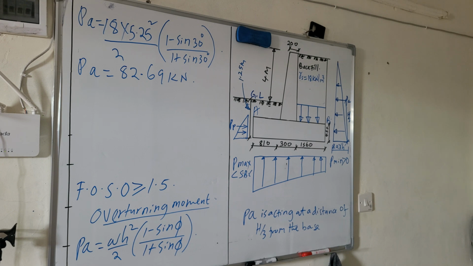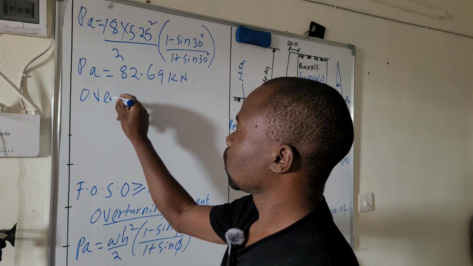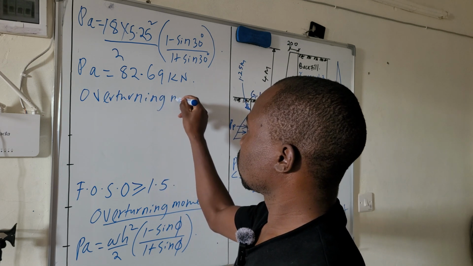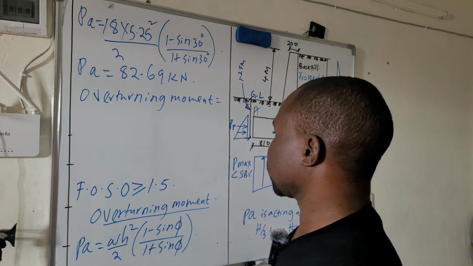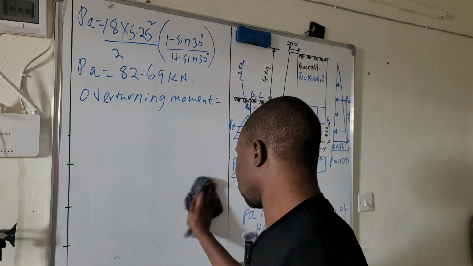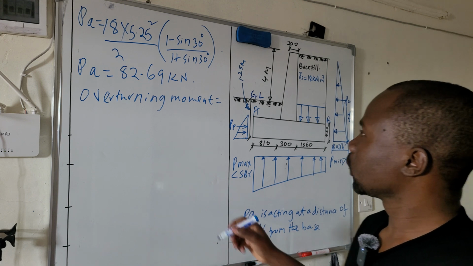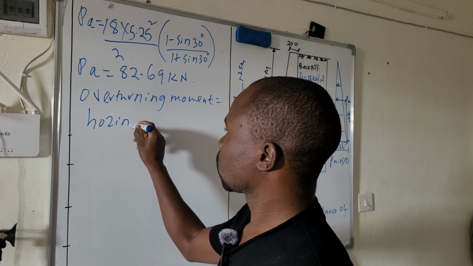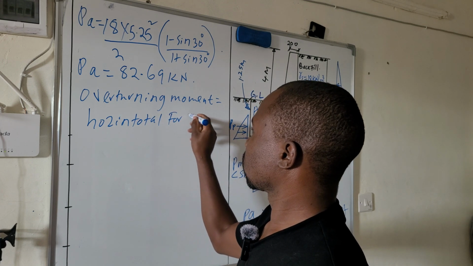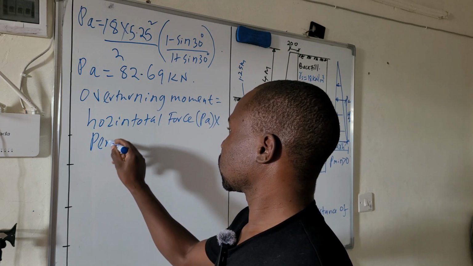And the overturning moment is as a result of the horizontal force, which is PA, times the perpendicular distance.